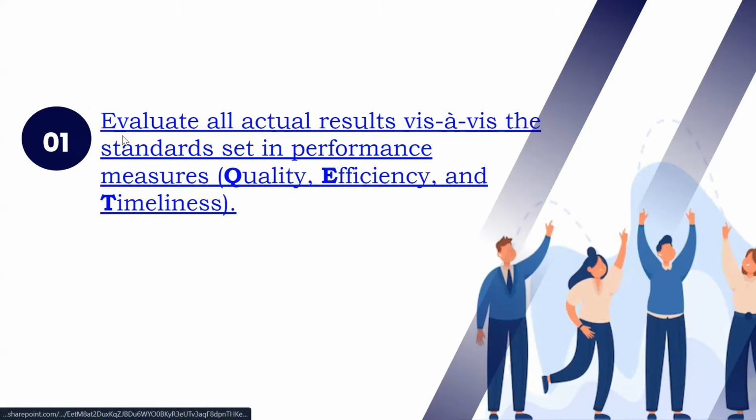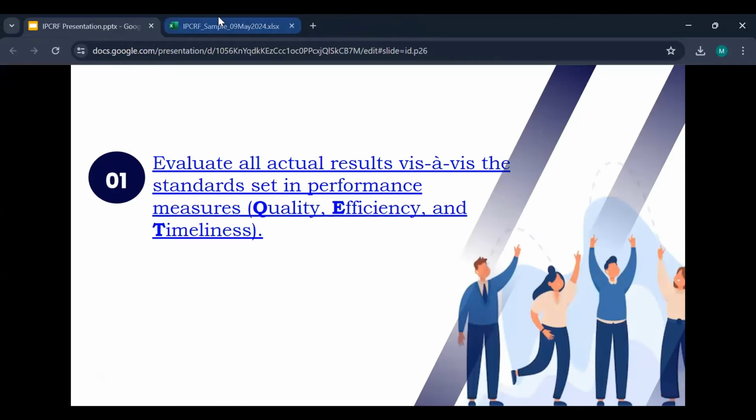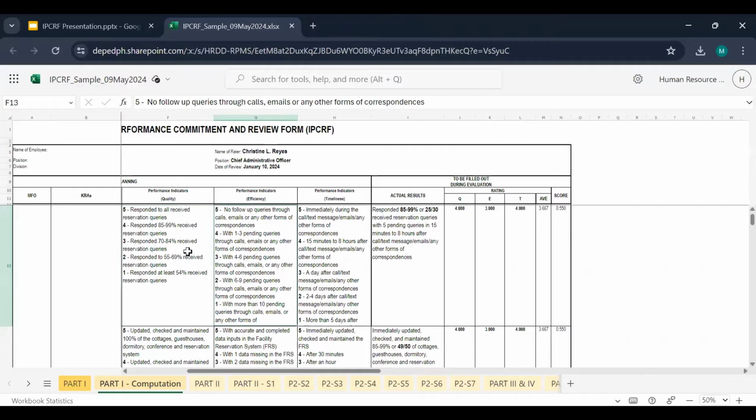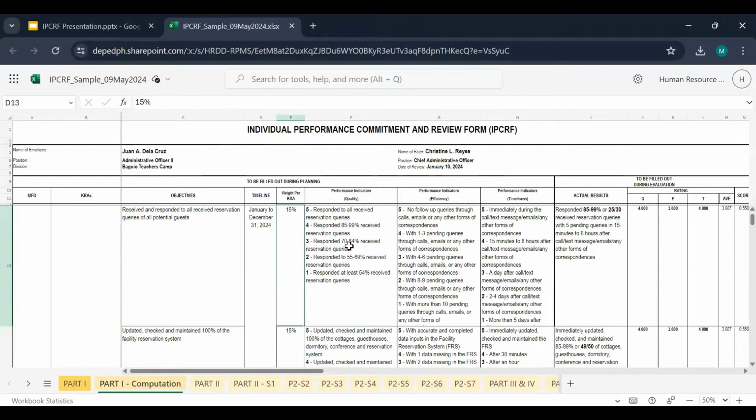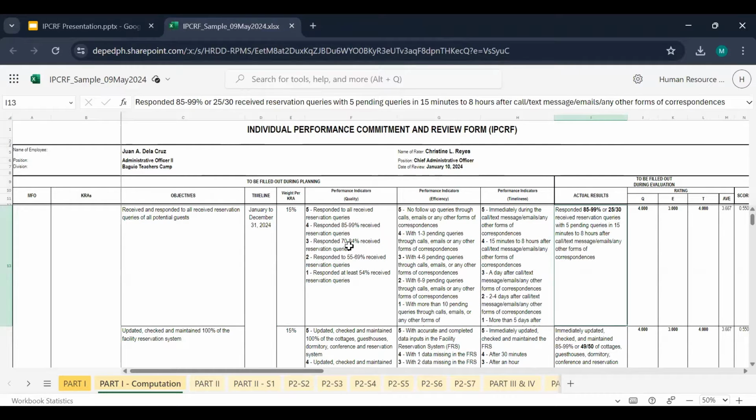For example, the actual results under the KRA1 Objective 1 of Mr. De La Cruz is responded 85 to 99% or 25 out of 30 received reservation queries with 5 pending queries in 15 minutes to 8 hours after call, text, message, emails, or any other forms of correspondences.